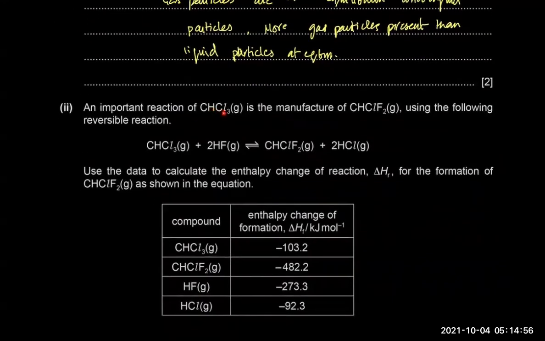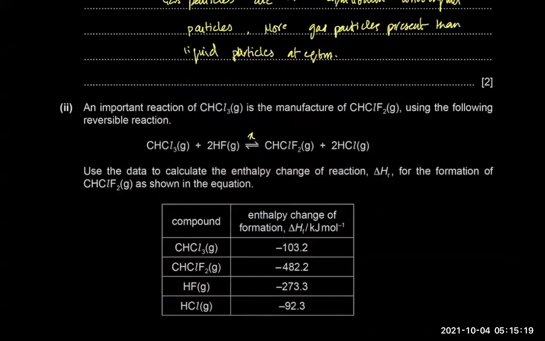Now, an important reaction of CHCl3 is the manufacture of CHClF2 using the following reversible reaction. Use the data to calculate the enthalpy change of the reaction, delta H, for the formation of CHClF2 as shown in the equation. So we had to find this enthalpy change for the forward reaction, right?